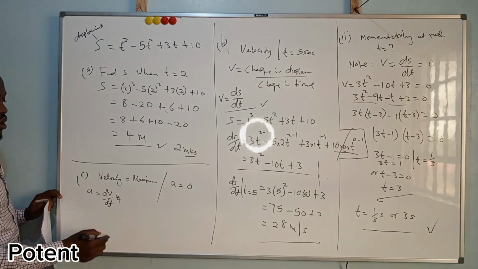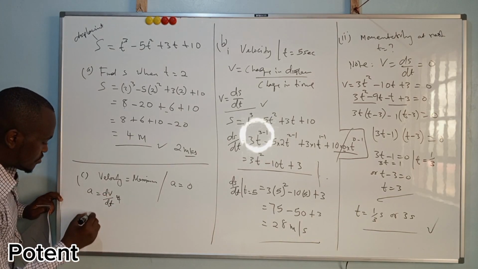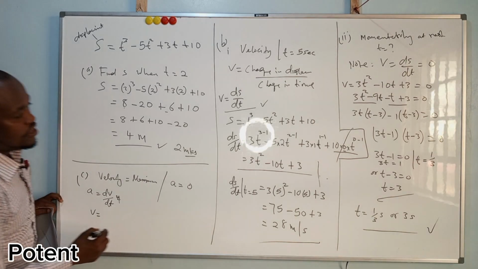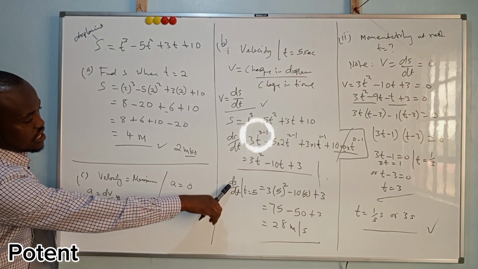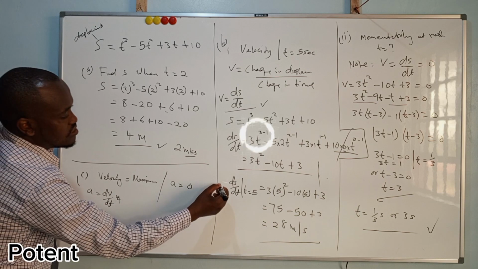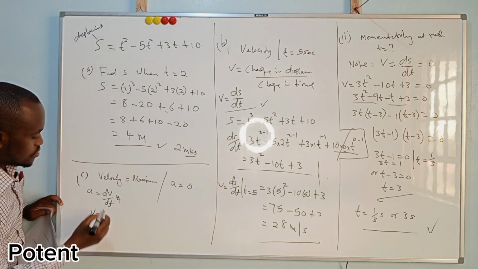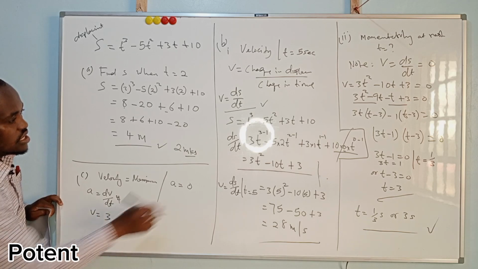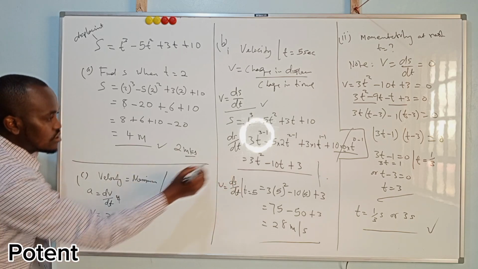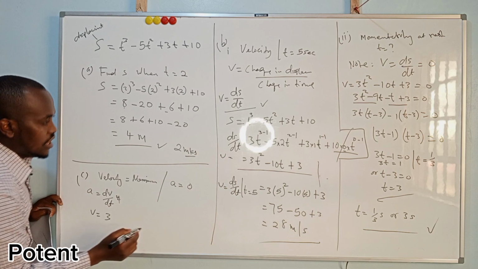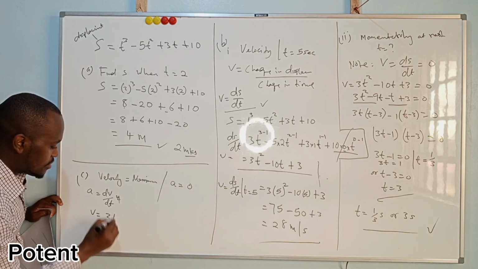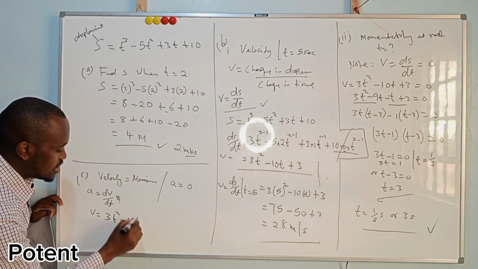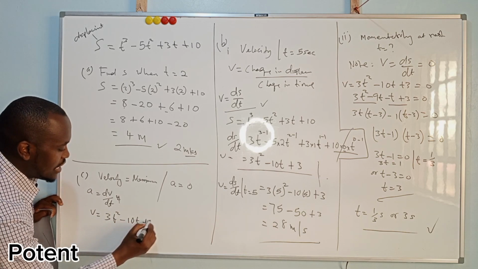And we have v, this change in s over change in t, which is velocity, equals 3t squared minus 10t plus 3.